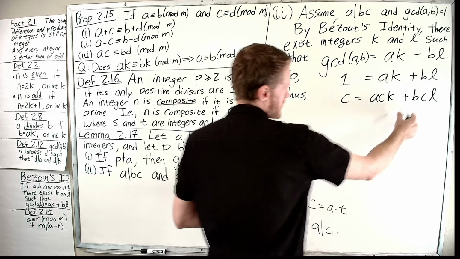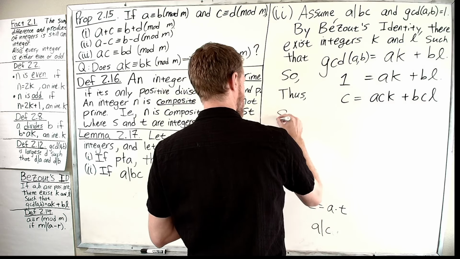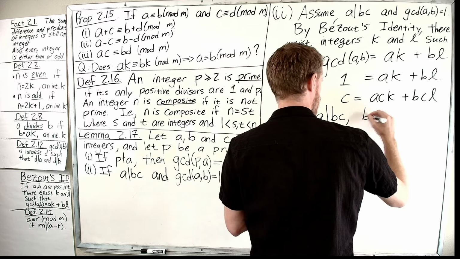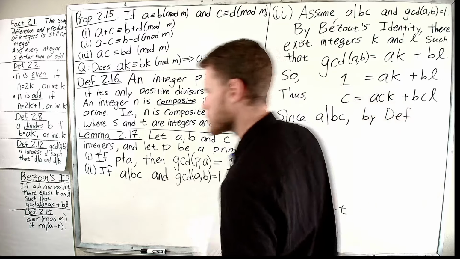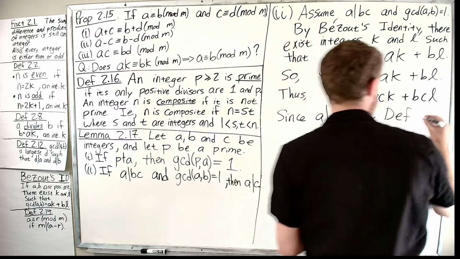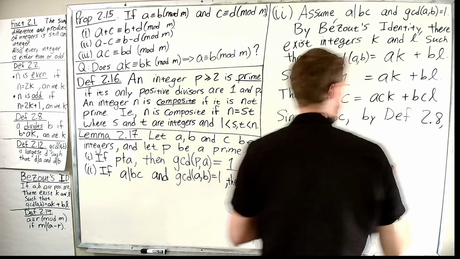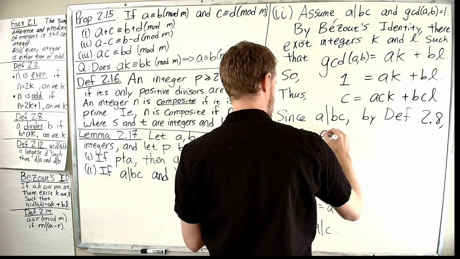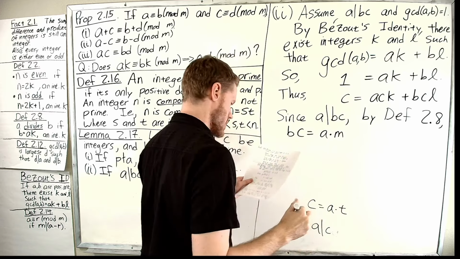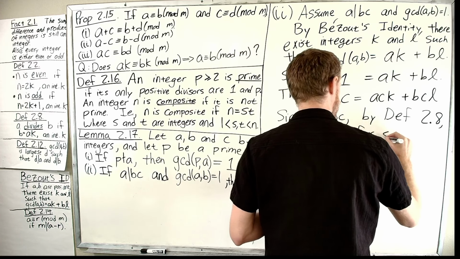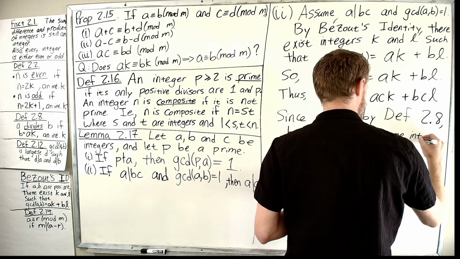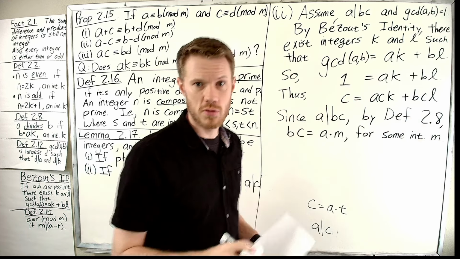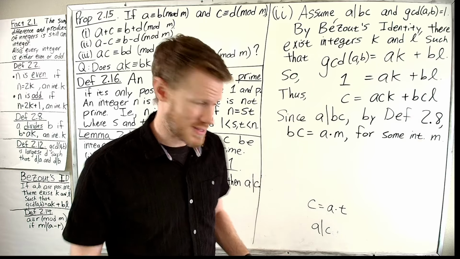And actually, it's going to be quite useful, because saying that A divides BC, by the definition of divides, which is definition 2.8, means that BC is equal to A times some integer, I chose M, for some integer M. By the way, don't forget to say for some integer M. You can't just introduce a random variable without saying what it is.